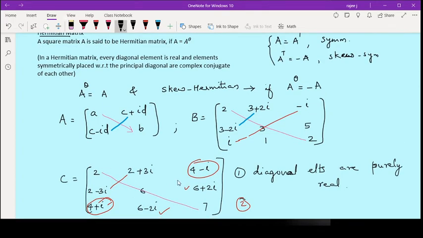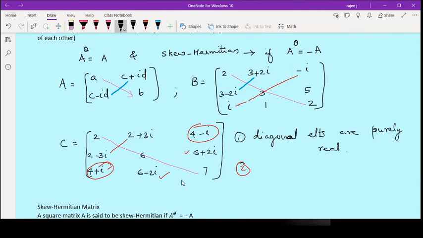In a Hermitian matrix, every diagonal element is real, and elements symmetrically placed with respect to the principal diagonal are complex conjugate of each other. Means if 2 minus 3i is here, 2 plus 3i will come here. If 3 minus 2i here, then 3 plus 2i here. So elements placed diagonally or symmetrically opposite to the diagonal elements are conjugates of each other.